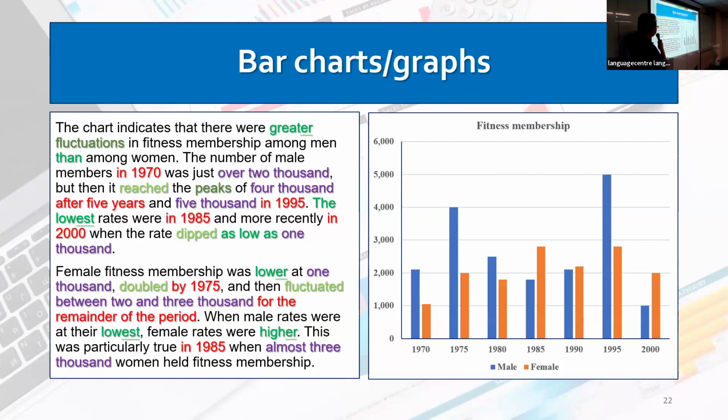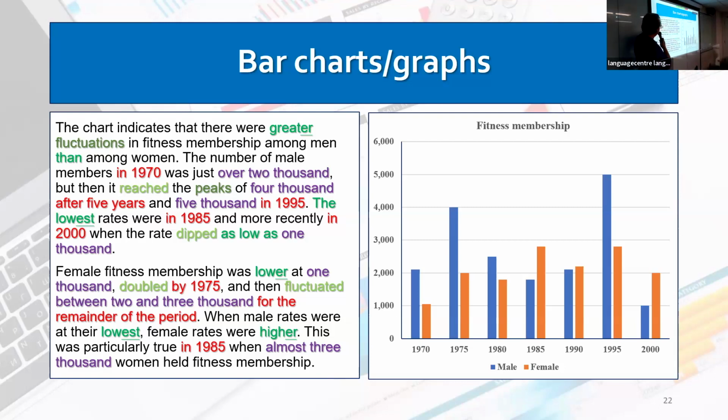So we can use adjectives to make comparisons, but are adjectives the only resource that we can use to describe a bar chart? Of course not. We need to include some other means of description.